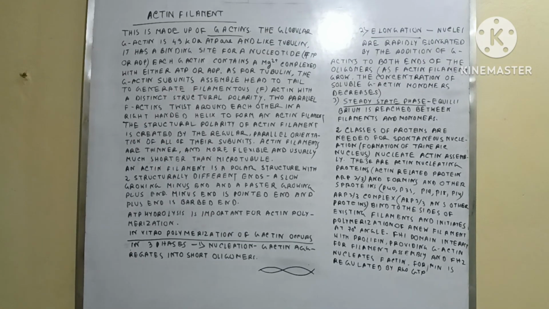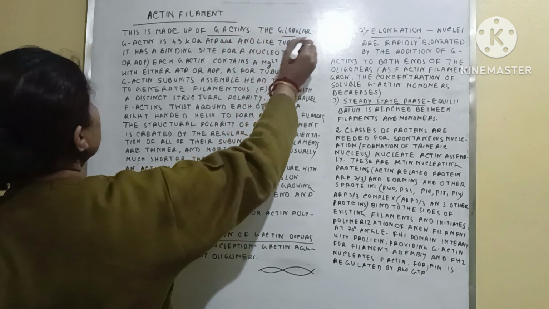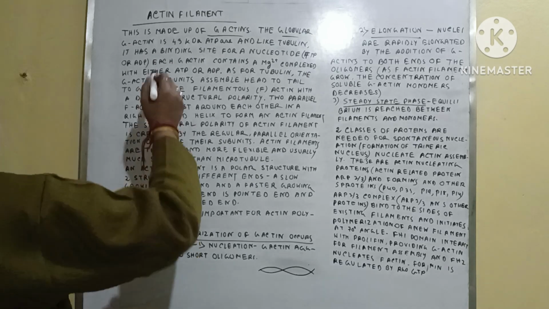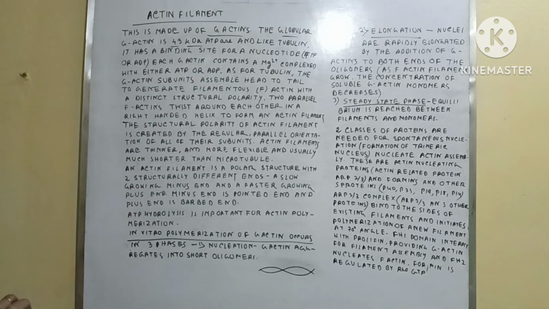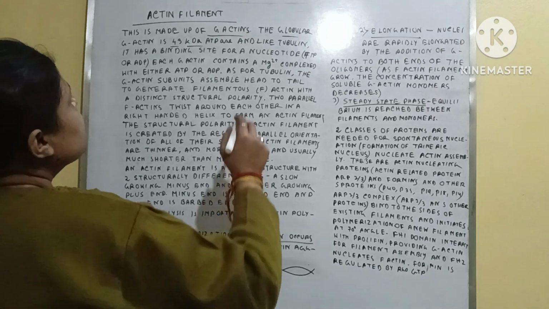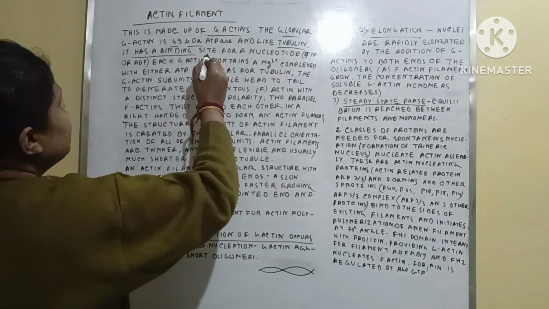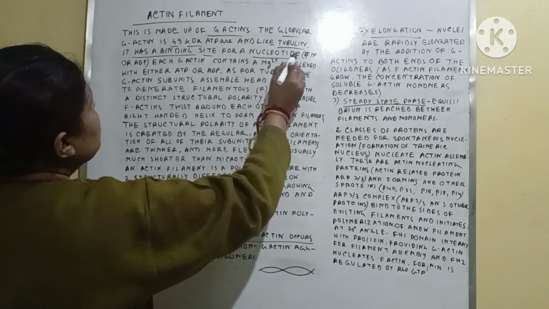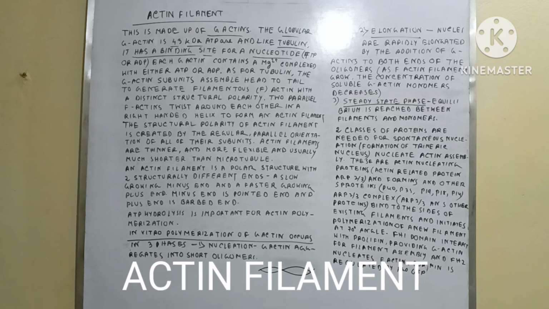So actin filament is what? This is made up of G actins. This globular G actin is a 43 kilodalton (kDa) ATPase, and like tubulin, it has a binding site for a nucleotide, but only ATP or ADP can bind with that, not GTP or GDP.